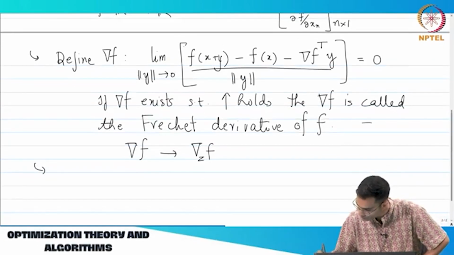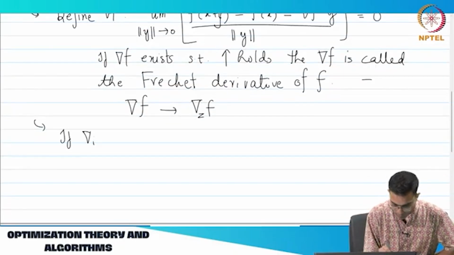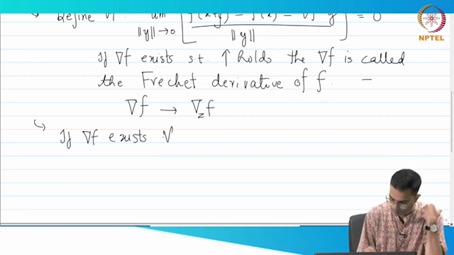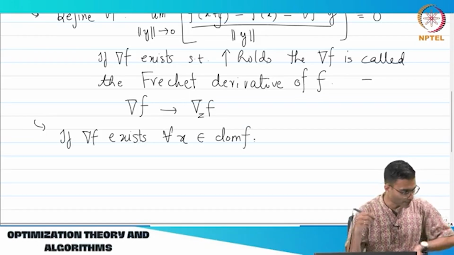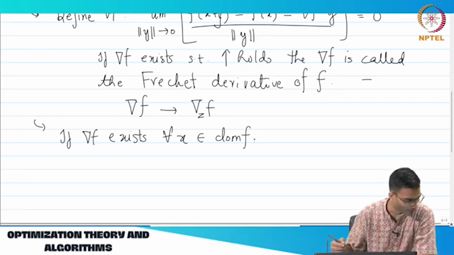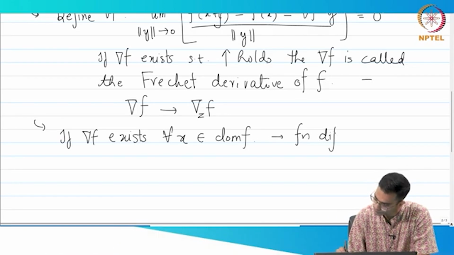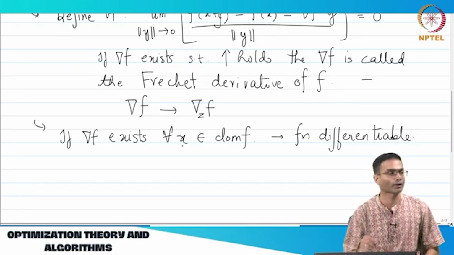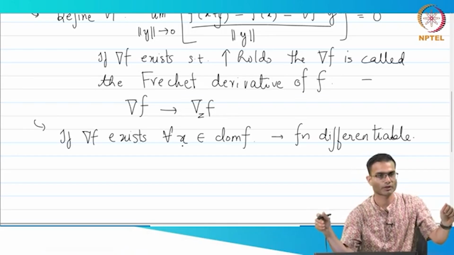Some more definitions you can write down like this. So if this gradient exists for all x in the domain, we call the function to be differentiable. Okay, so it's important all x belonging to the domain of f. It's not enough that you just say at some point. It should happen at all points.